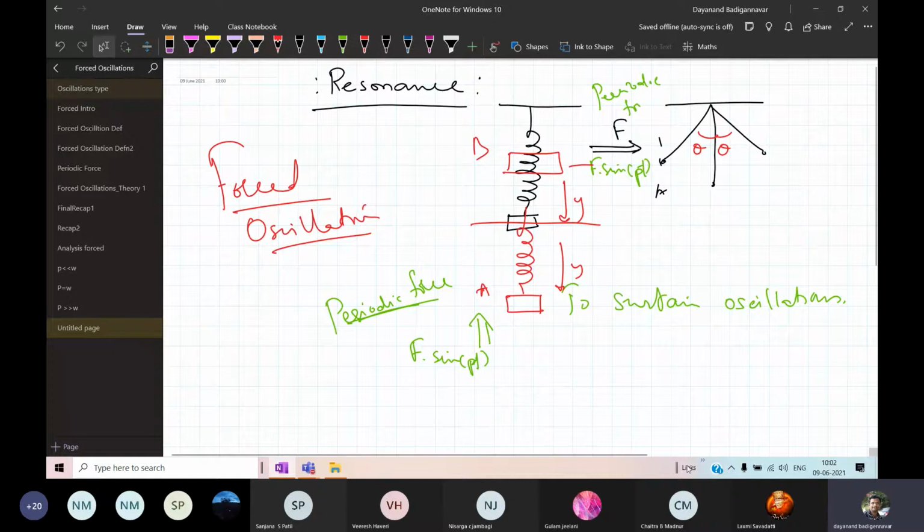Then there is a concept called resonance. There is an idea called resonance. So what is resonance here?